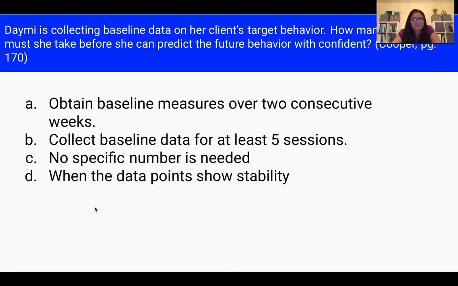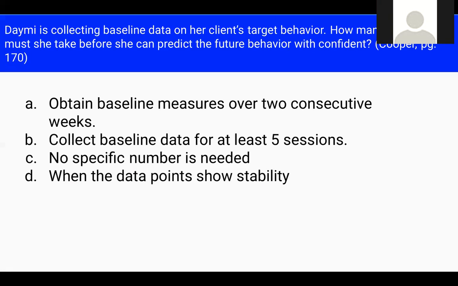I'm glad you asked that, Claudia, because the book said that sometimes people think that obtaining baseline measures over 2 consecutive weeks would be enough, or collecting baseline data for at least 5 sessions or 3 consecutive points would be enough. But the key thing is not the amount or the consecutive sessions. The key thing is stability. Right.